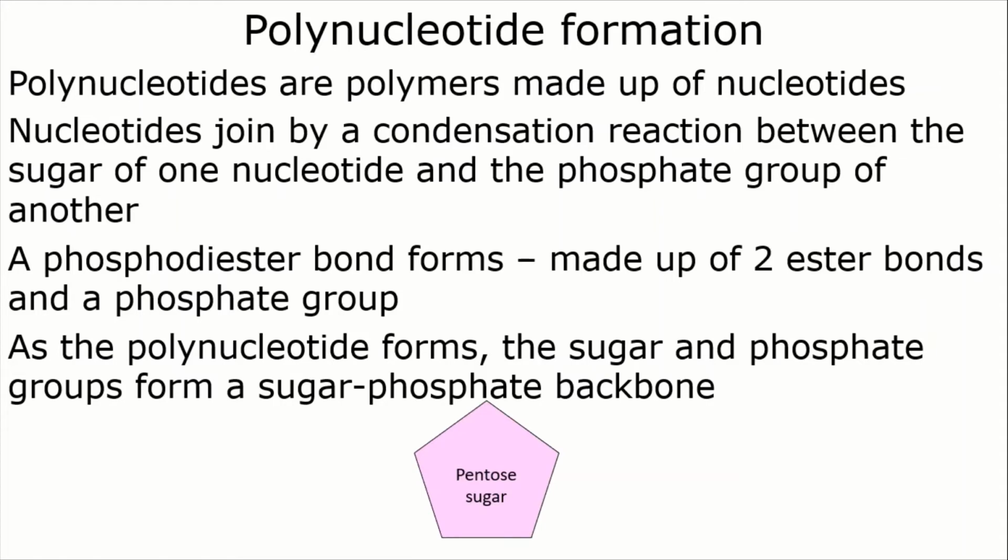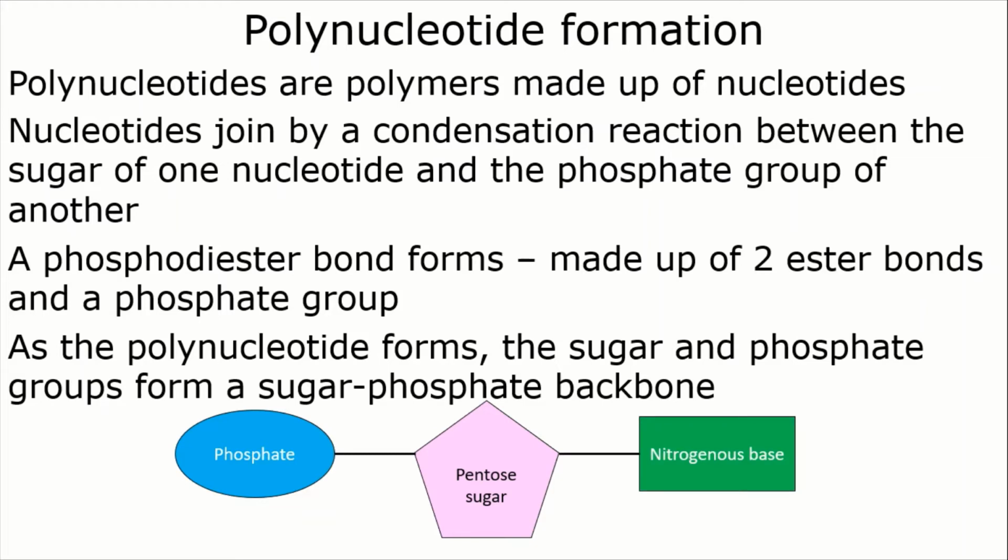And we can demonstrate this. So here would be our pentose sugar. Here's our phosphate group, and the bond between this phosphate group on the left-hand side and our pentose sugar is 1 ester bond, and then at the bottom left-hand side of the pentose sugar, that carbon would react with the phosphate on another nucleotide, and this would form our 2nd ester bond.